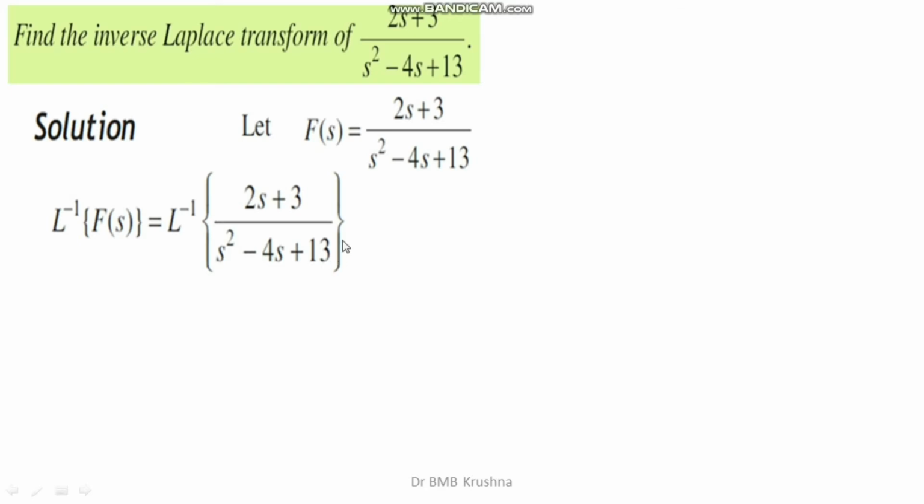Here one can observe the denominator expression. It is a quadratic expression. Now it can be expressed as sum of squares. L inverse of (2s plus 3) by (s square negative 4s plus 4 plus 9). (s negative 2) whole square is only the first 3 terms, that is s square negative 4s plus 4, and the remaining term is only 9.